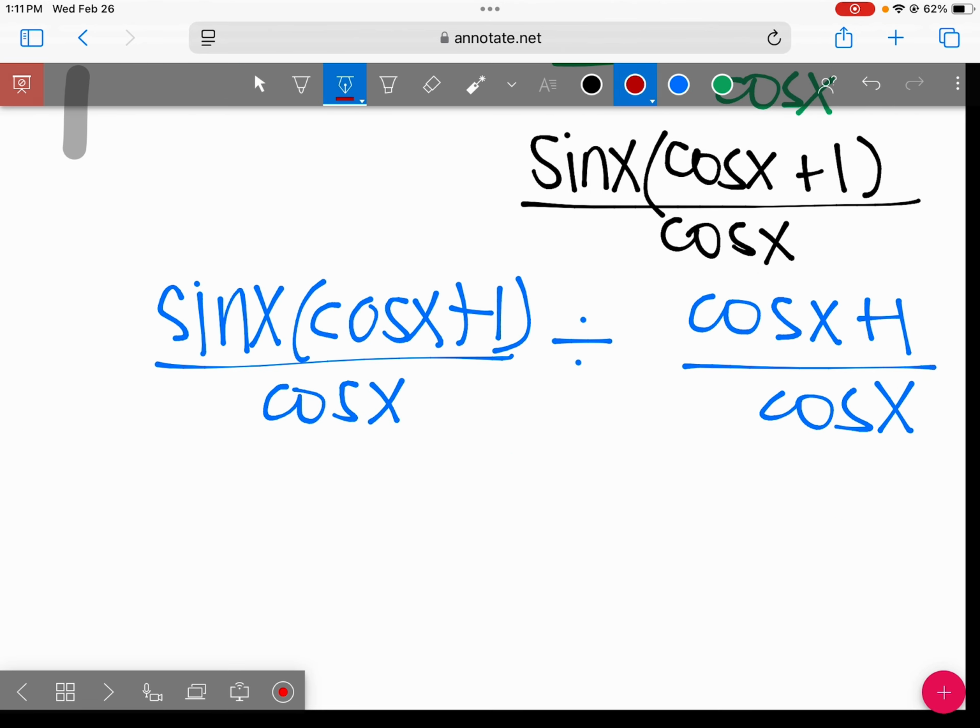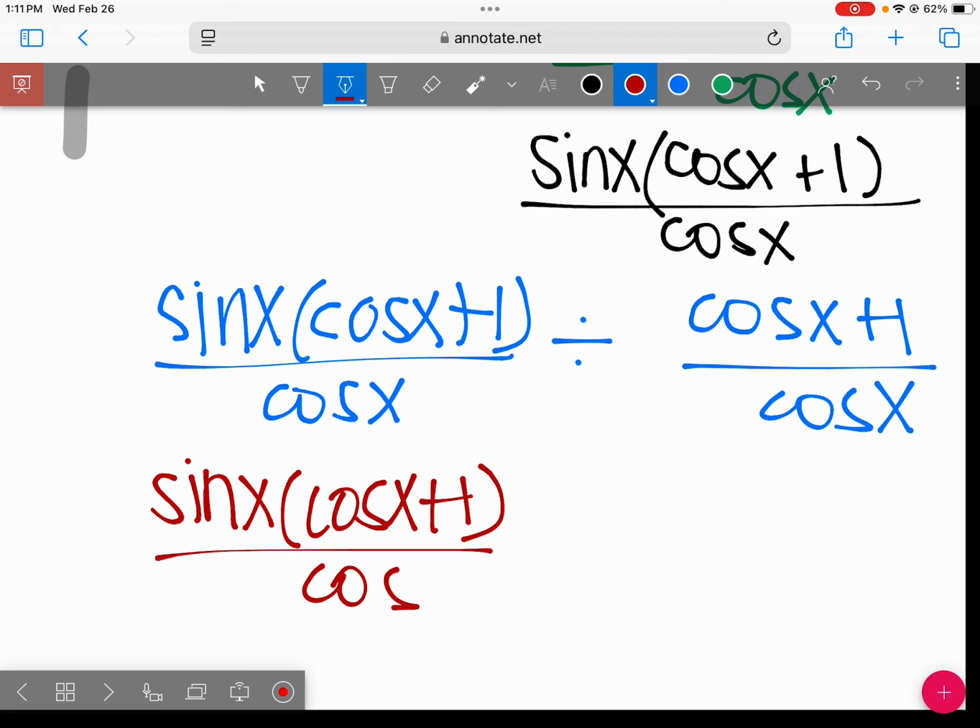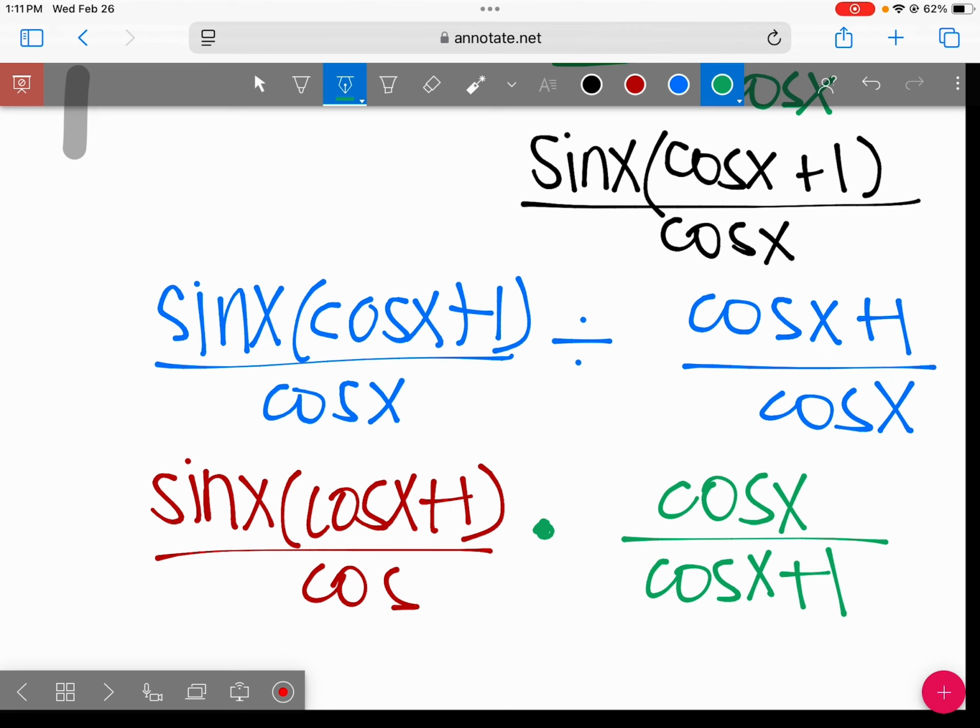So, when you keep change flip, you keep the first fraction, you change the sign and flip the second fraction. So, for sure, everyone knew that these two things canceled out, right?